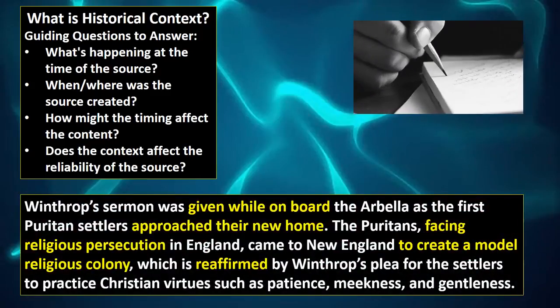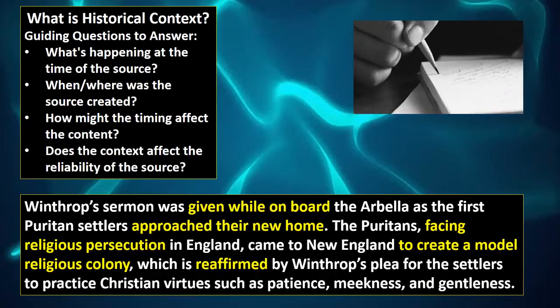So here's what I would write. Say on a DBQ, I'm now writing the essay and I'm looking at document 1. Let's pretend that A Model of Christian Charity was document 1. Here's what I would write that would get credit for historical context. Winthrop's sermon was given while on board the Arbella as the first Puritan settlers approached their new home.